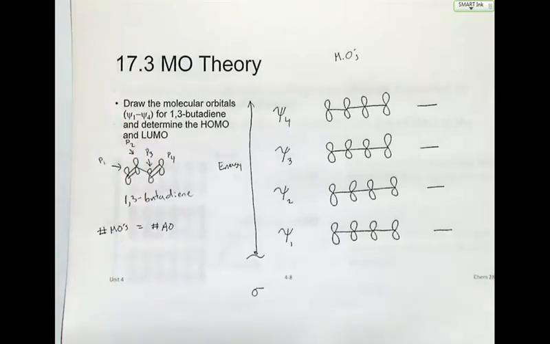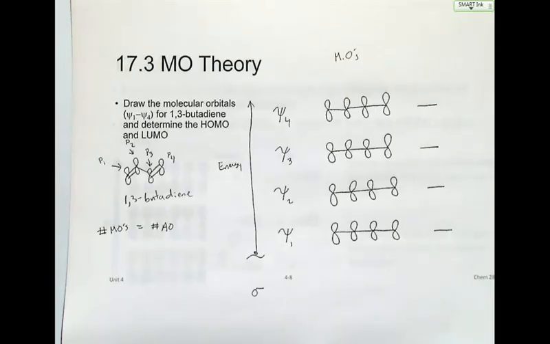Those p orbitals are on an atom, so we call them atomic orbitals. We can combine them in four different ways, and therefore we get 4 molecular orbitals. That's why we have the same number. It's because we can only combine them in 4 different ways.